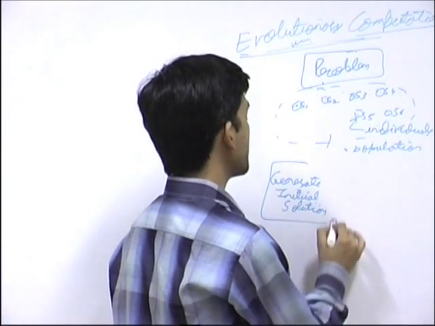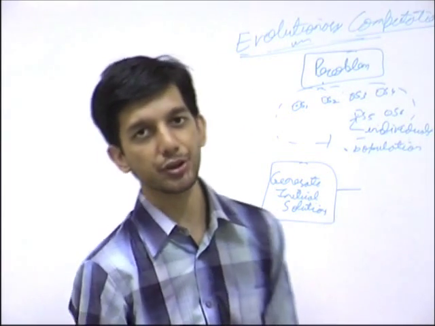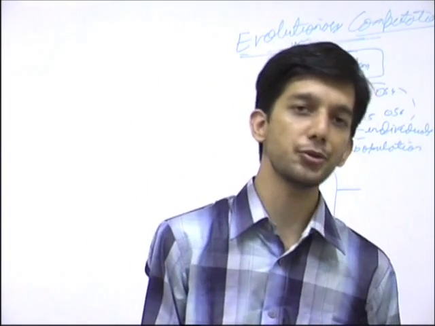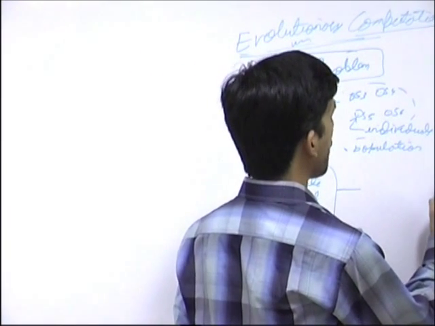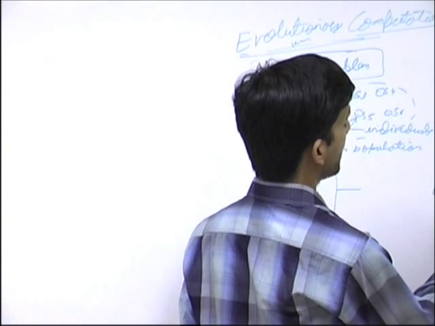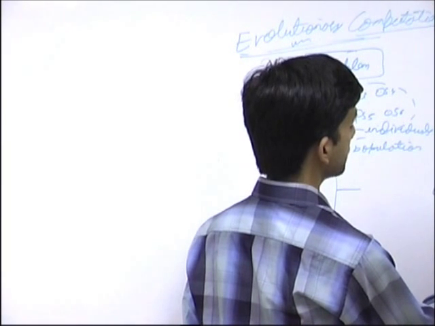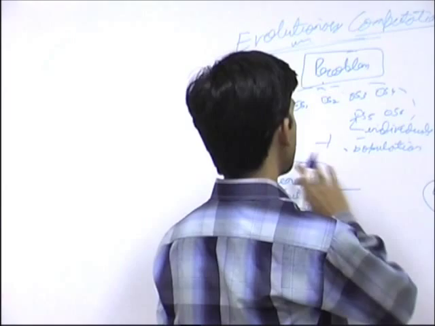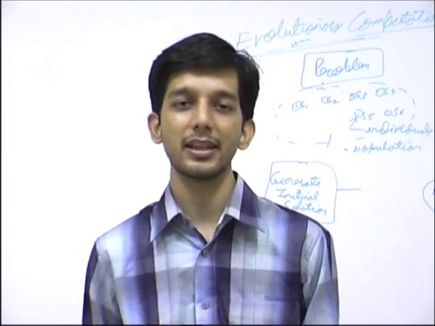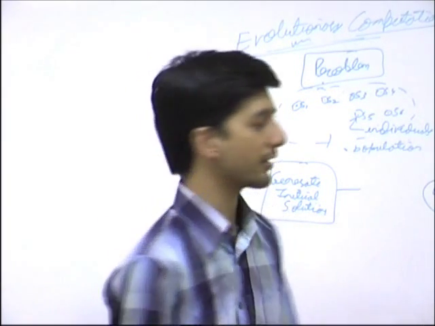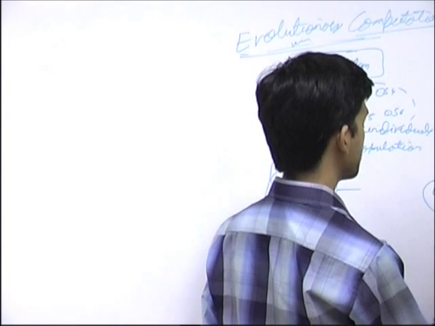Then to all of these initial solutions, I apply some operators known as evolutionary operators. These operators will take this set of solutions and generate a higher set of solutions. I need to find out how good these higher generation solutions are, so I apply some kind of fitness evaluation.